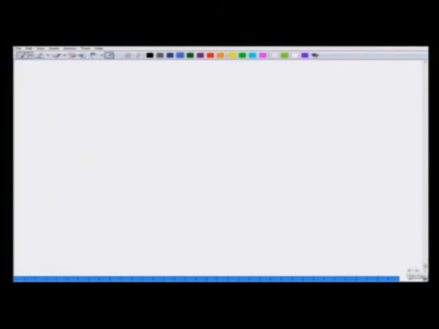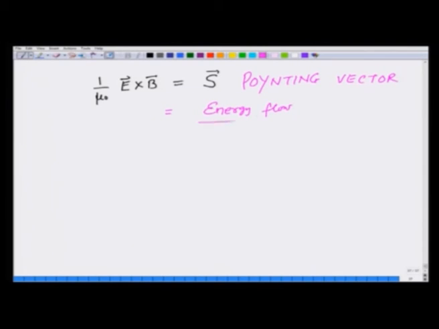So, this is the interpretation of this term 1 over mu 0 E cross B. It is usually written as S and known as the Poynting vector, and this is equal to energy flow per unit area per unit time.